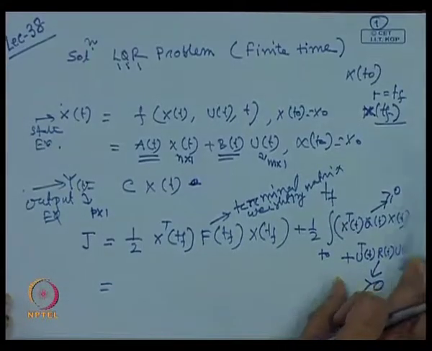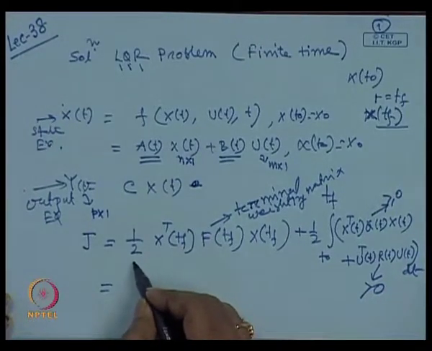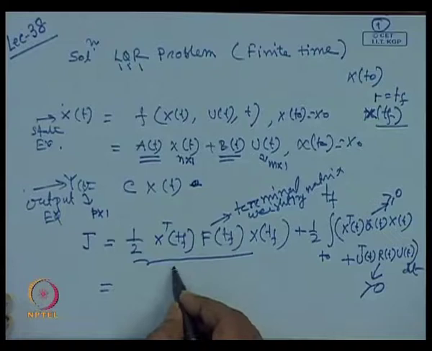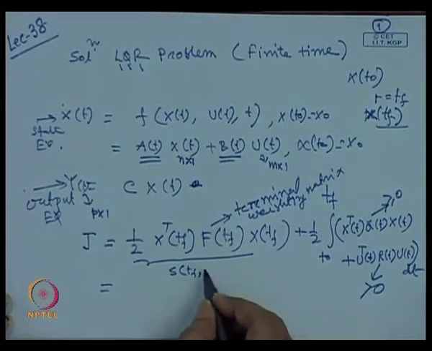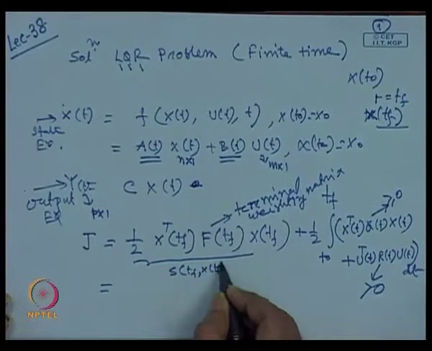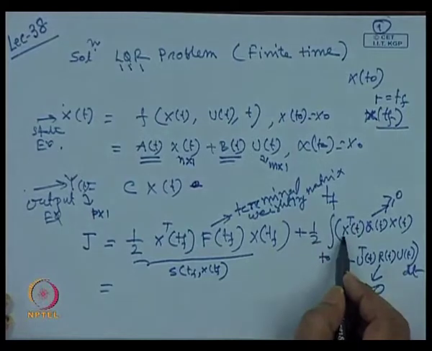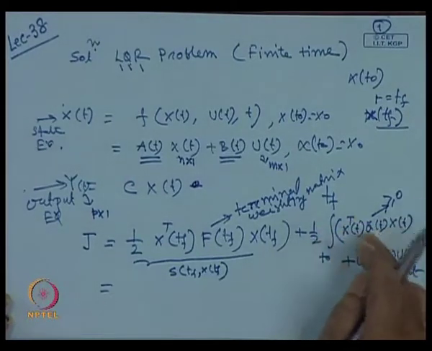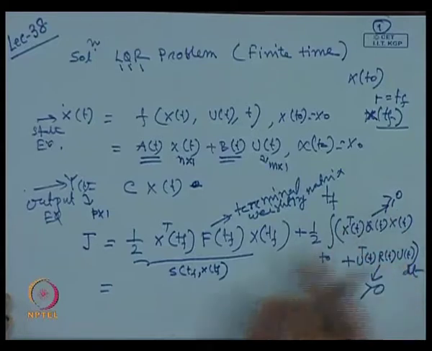So, let us form our, if you just compare with this one, that is nothing but our S F, that is S of x of t f function, and this whole thing, if you push the half inside, is half x transpose Q x plus u transpose R u, and this whole thing is nothing but V, the integrand part. Okay.